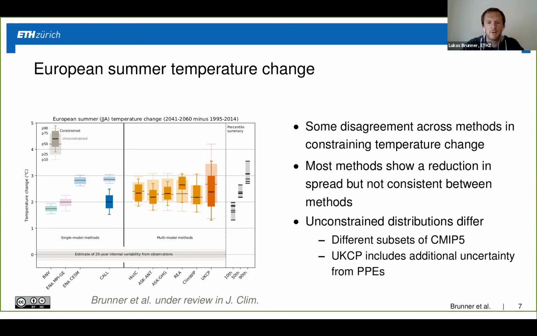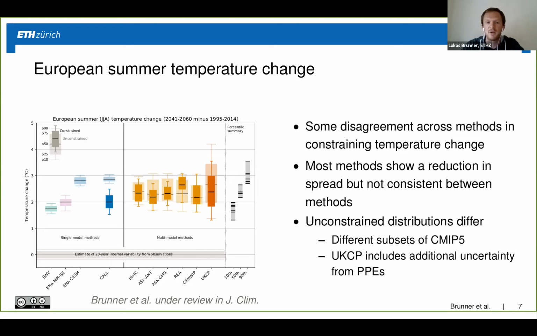Maybe one other thing that you might have noticed: the unconstrained distributions also differ between the methods. That's the light boxes in the back, right? And this has several reasons. For the multi-model methods, we use CMIP5, but we use different subsets for each of the methods in this particular plot.